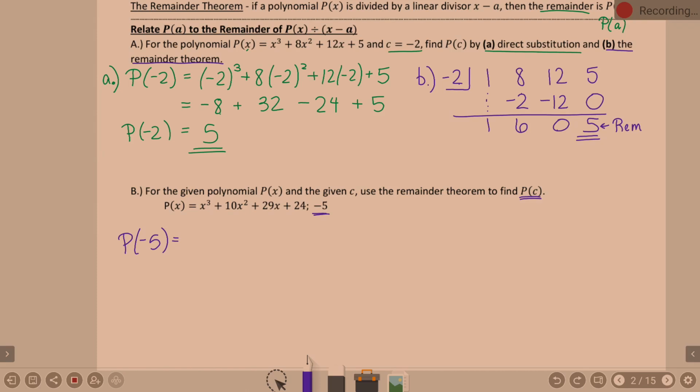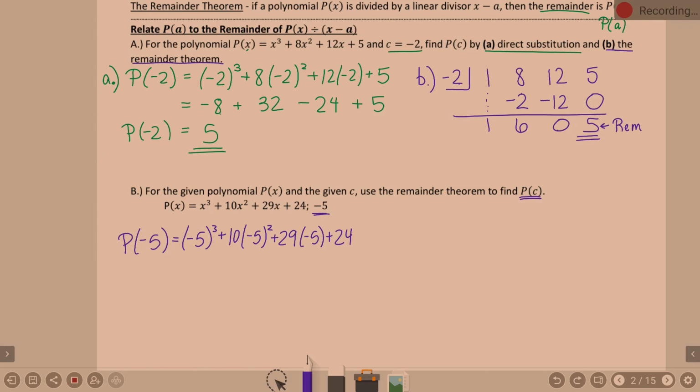Yeah. Negative 5 to the third plus 10 times negative 5 squared plus 29 times negative 5 plus 24. You guys are going to use the calculator and speed things up on me, right? All I did was plug negative 5 in.